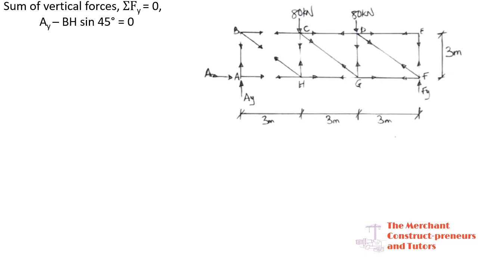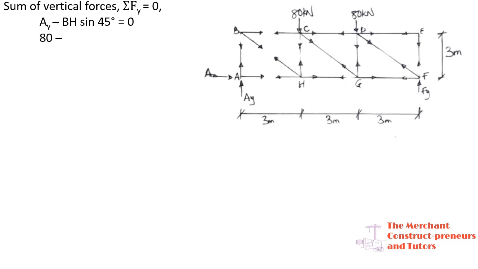So we have AY, and then this BH, since it is pointing downwards, it has two components, horizontal and vertical, and the vertical is going to point downwards. So that we have minus BH sine 45. The angle of inclination is 45 for this truss analysis.